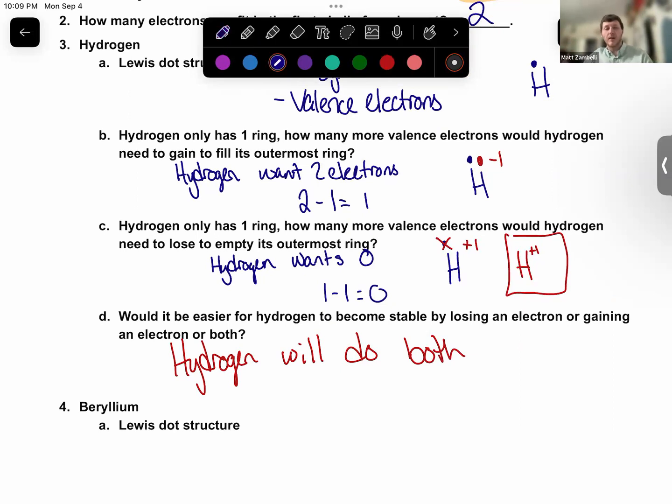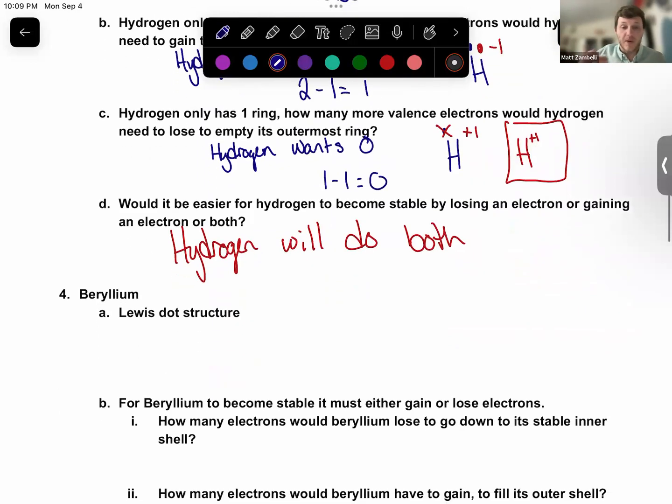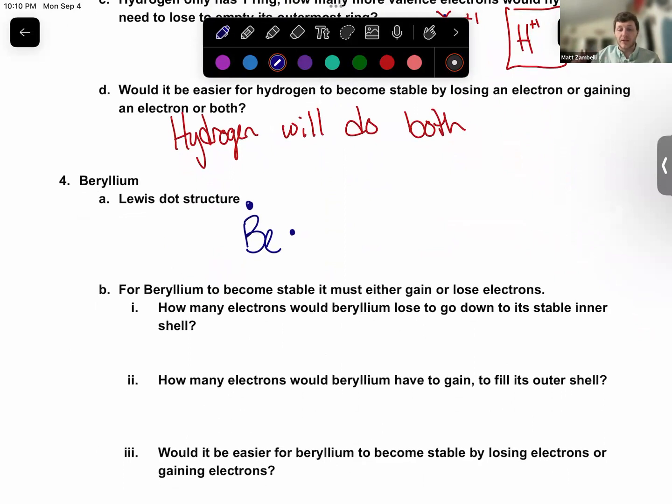Now let's go ahead and do one more together just to go through what's happening. If we look at beryllium, beryllium is the element Be on the periodic table. Beryllium is going to have two valence electrons because it's in our second column on the periodic table. So we'll put the first one up here and our second one right here. How many valence electrons would beryllium need to lose in order to have an empty shell, to be stable again?